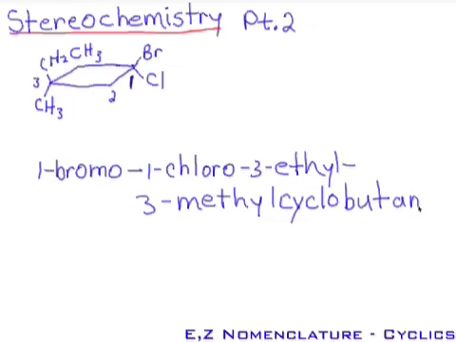Now we have to ask the question, do we have geometric isomers in this structure? Now, with regards to geometric isomerism, it is required that around the double bond you have different groups off of the same carbons.